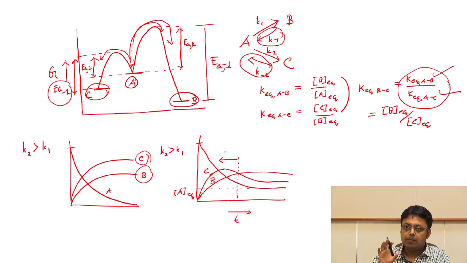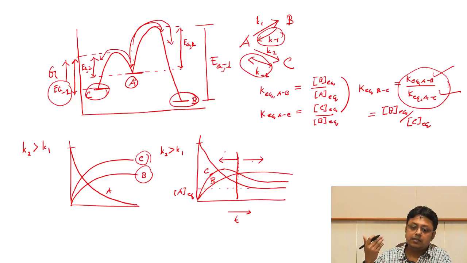So initially I might have C forming at a faster rate than B, and I'll see that C is higher than B. But eventually as time progresses, or if we increase the temperature, then these back reactions also happen.